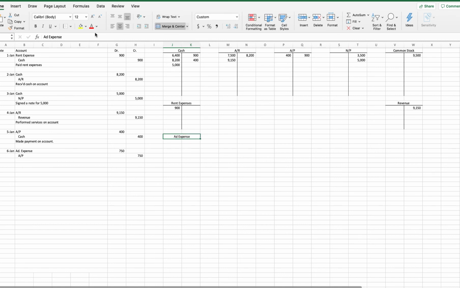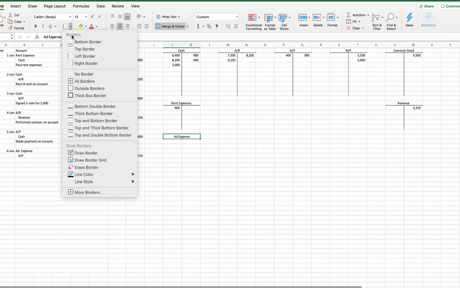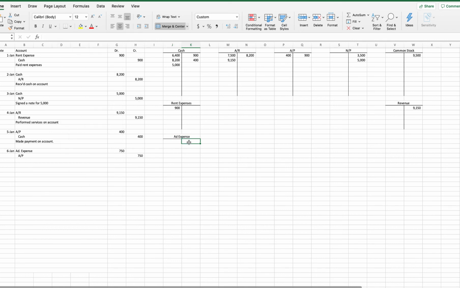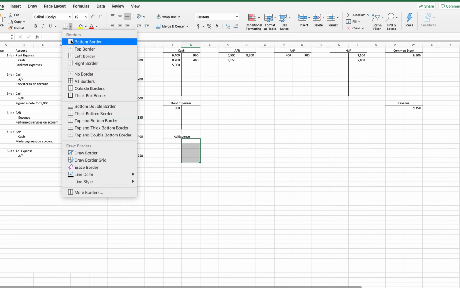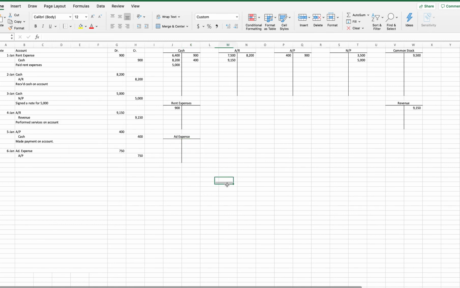I want to put in my bottom border. I'm going to arbitrarily just pick a number of rows here, put in my left align so I can create my T account. And I'm going to post this. Well, the journal entry said that I had a $750 debit. So under ad expense, debit side, $750.